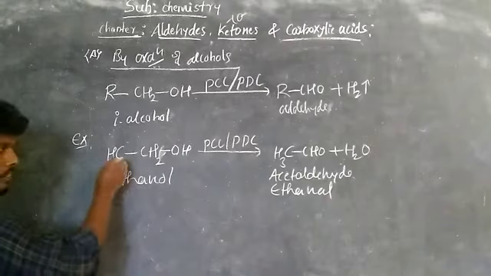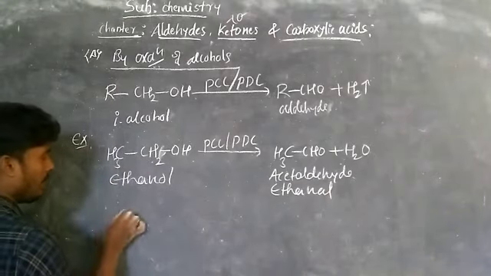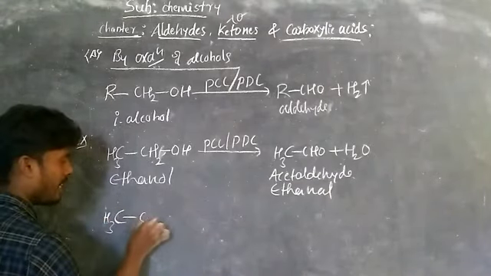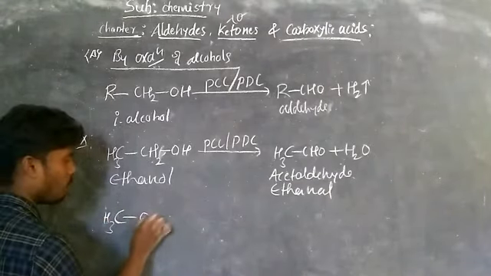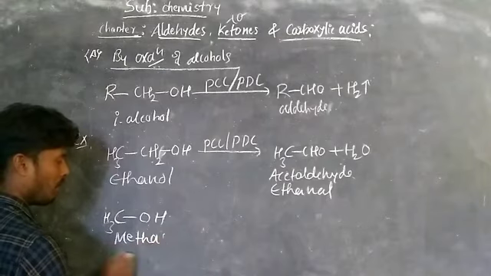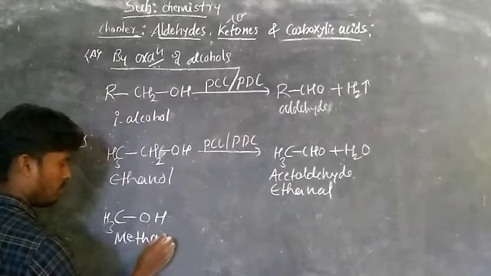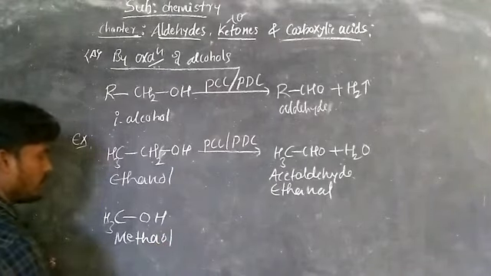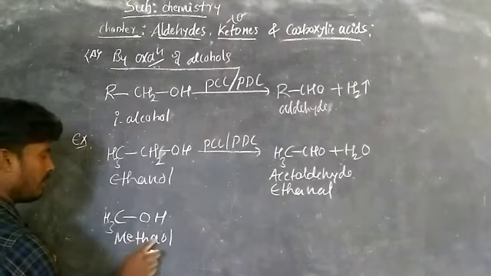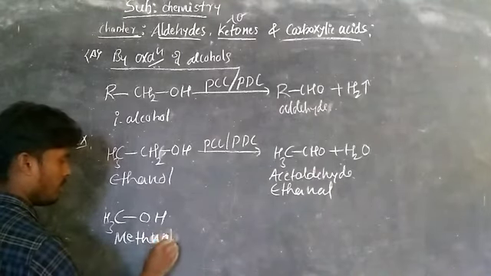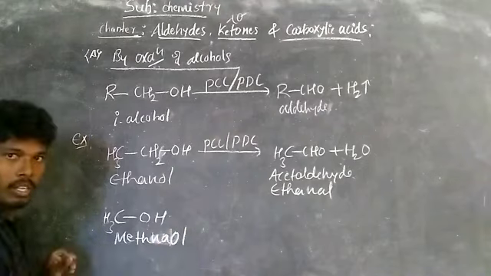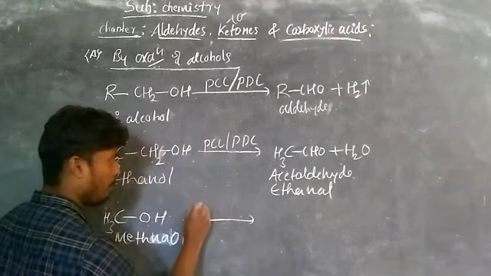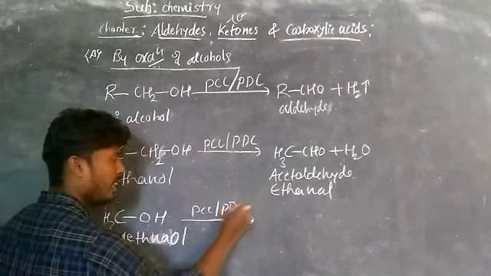Now, similarly, if you take another reactant, that is CH3OH, what is the name? Methanol. Alcohol. This methanol is treated with PCC or PDC.